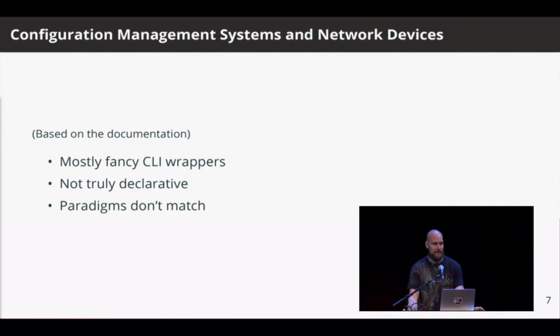Some things have been made declarative within Ansible. I think you can do some very basic port things like, okay, I know this port and it has to have these properties, then that works. But if you want to do something a little bit more out there, good luck, you know how the CLI works. And many of the paradigms don't actually match.